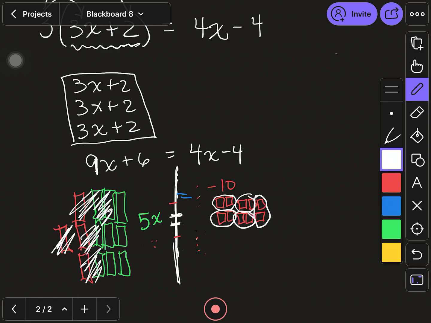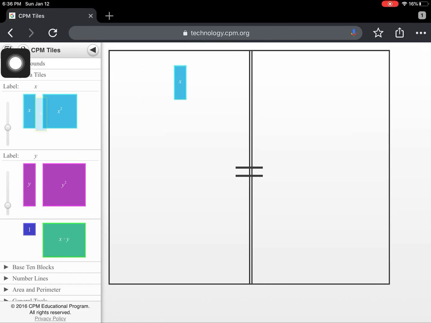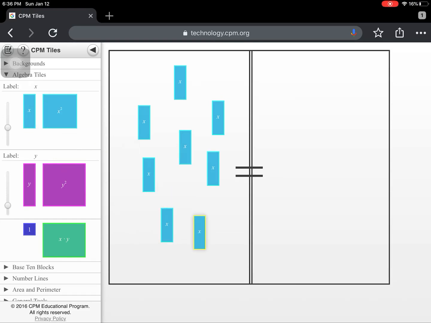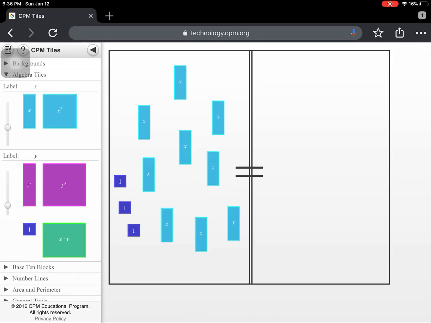So let's take a look at that again. 9x plus 6 equals 4x minus 4.